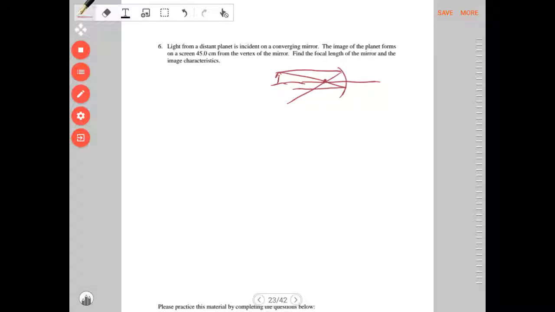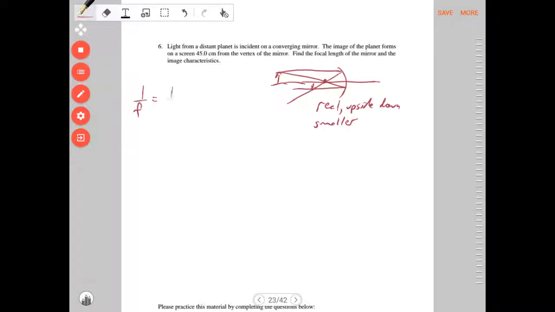So it's going to be real, upside down, and smaller. So we know the image characteristics before we do anything else. But the mathematics of this really confused a lot of kids. So, like I say, I wanted to include this just because of that.